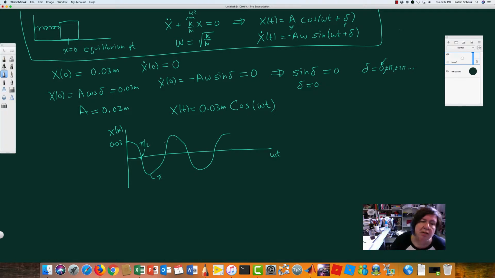There's no delta because it starts off at this point, 0.03 meters, right? And notice that the velocity, the slope at this point, is 0, right? All right, so that's the first initial condition.